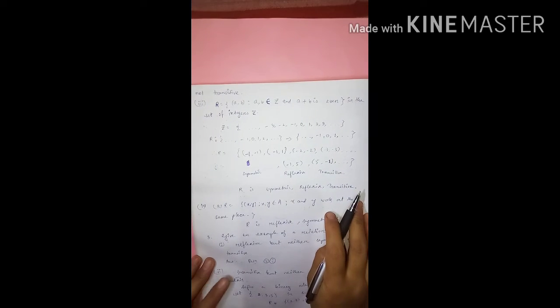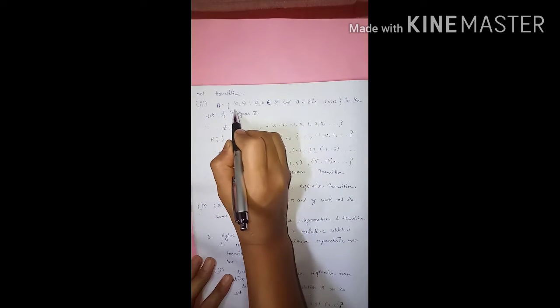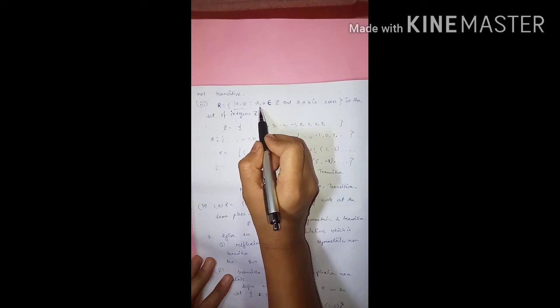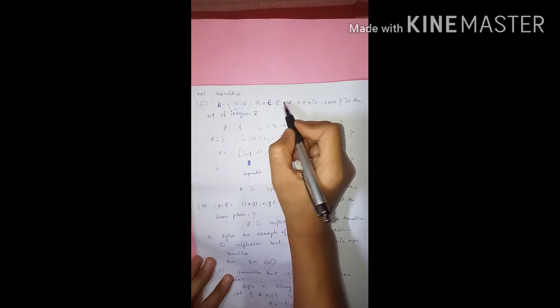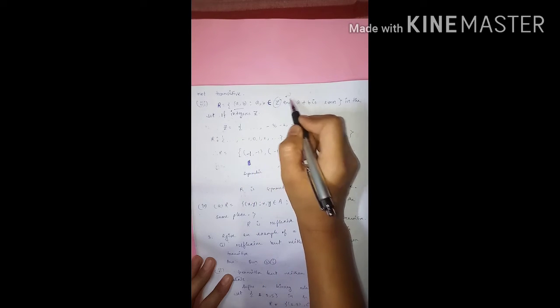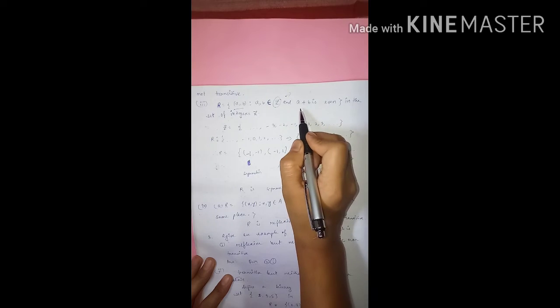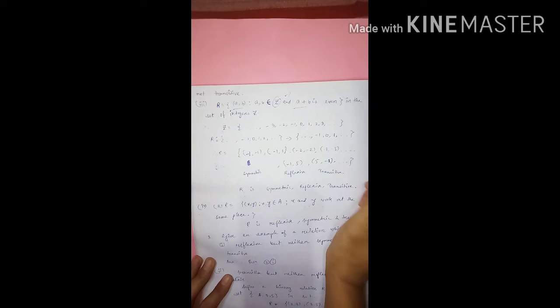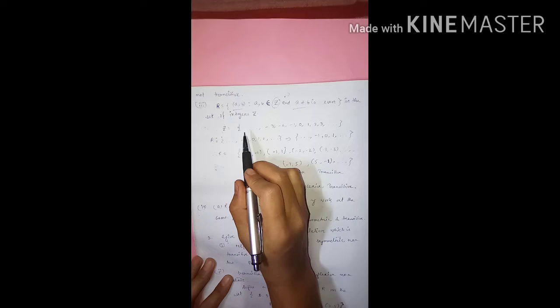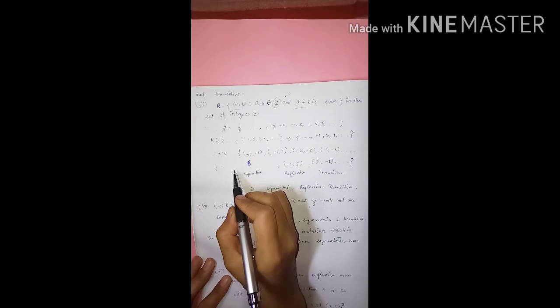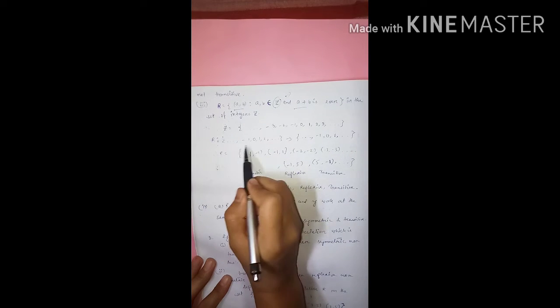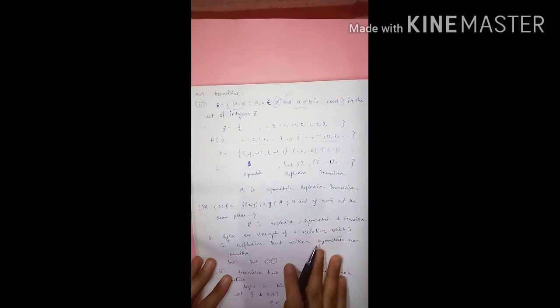Here the third question is R equal to the ordered pair (a, b), where a, b belongs to Z. This Z means the set of integers, and a plus b is even in the set of integers Z. You know very well the set of integers Z. Now R goes from this set to this set.